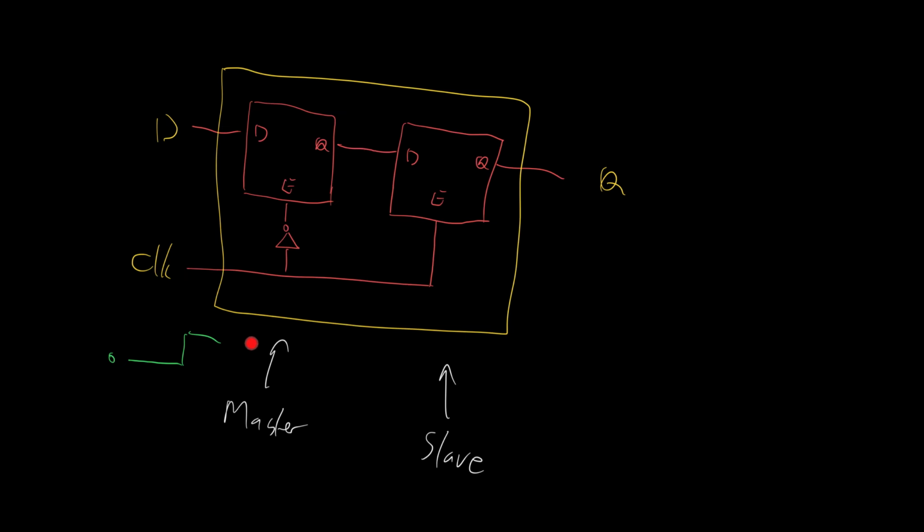When the clock is a 1, the value in here coming out of the master D-latch is not going to be changing. It's going to be the last value of D that was observed just prior to the rising edge of the clock. So even though the second D-latch is continuously transferring the input to the output, the input's not changing by virtue of the master D-latch here. And in this way, we have built a D flip-flop.